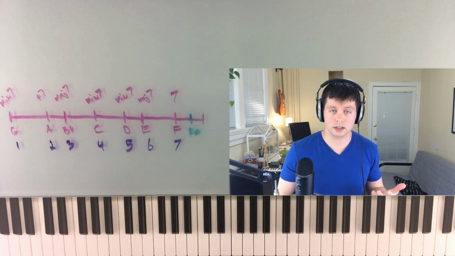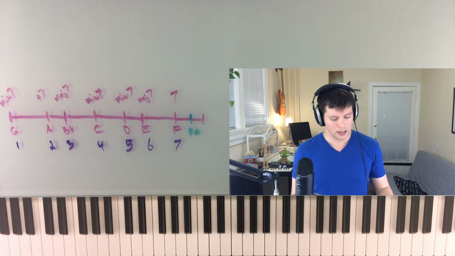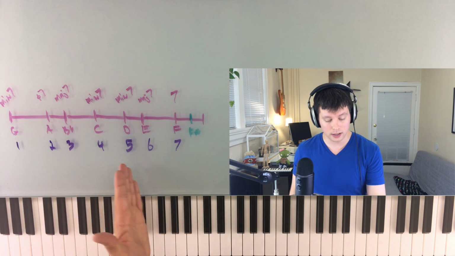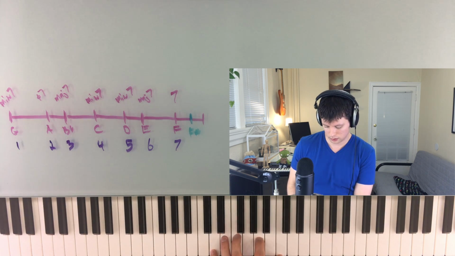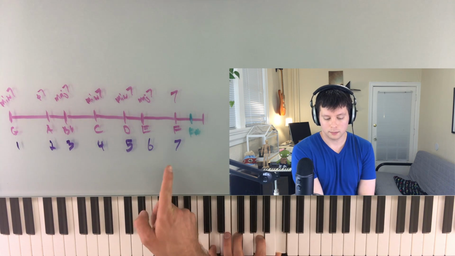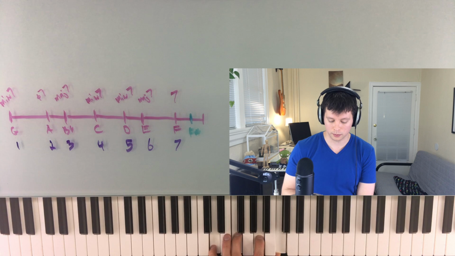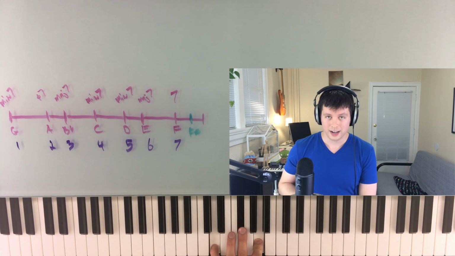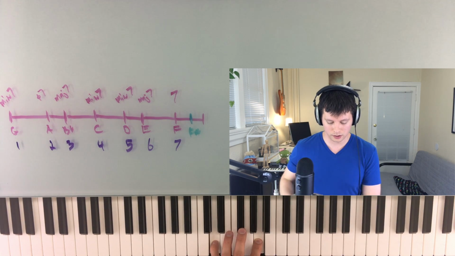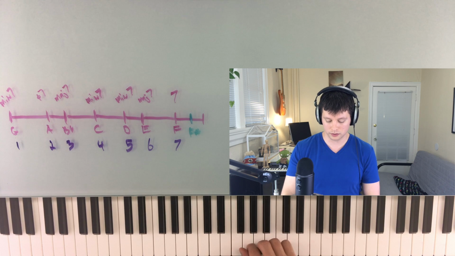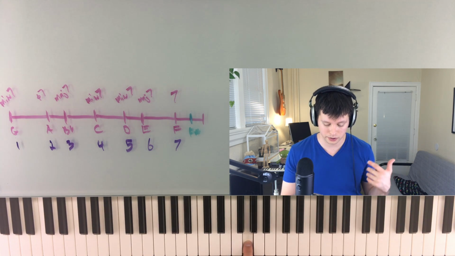So what that does, it does two things, and they're both kind of cool, is that if we play that D chord, this one, by changing the F into an F sharp, we're doing this, and that gives us that leading tone. It gives us a note that wants to resolve into our root note, that G.